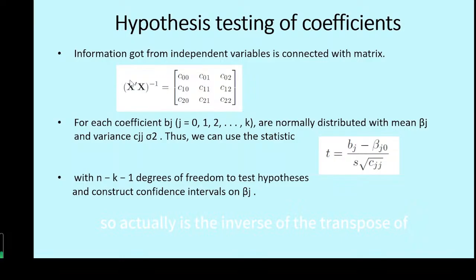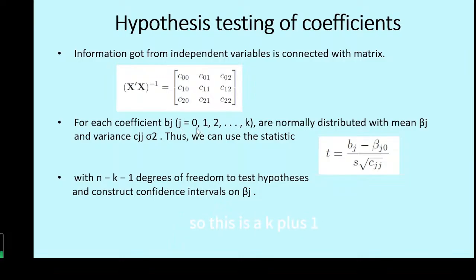So actually it's the inverse of the transpose of independent variables matrix. So this comes from the information for all the independent variables. So after the regression model has been estimated, we get the point value of the coefficient bj for all j from 0 to k.